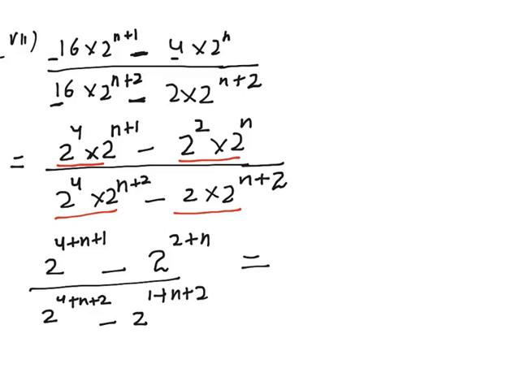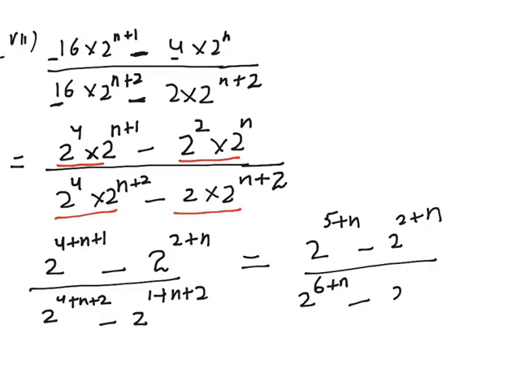So now we will have 2 raised to the power 5 plus n, minus 2 raised to the power 2 plus n. Next we will have 2 raised to the power 6 plus n, minus 2 raised to the power 3 plus n.